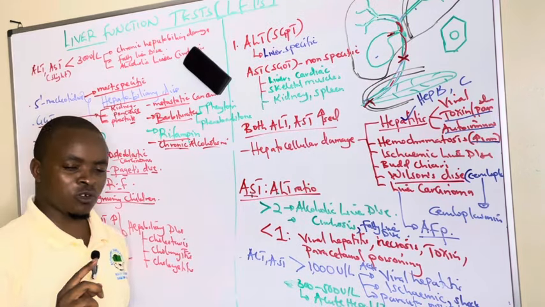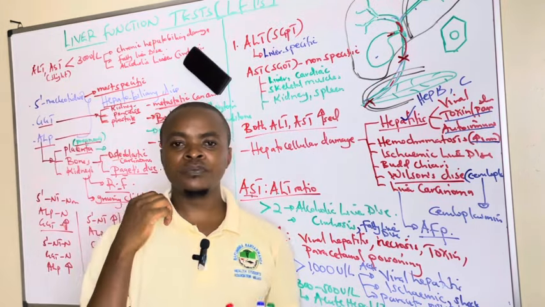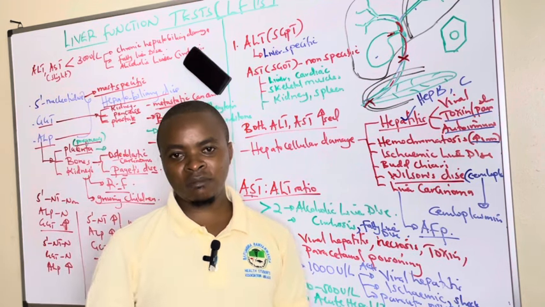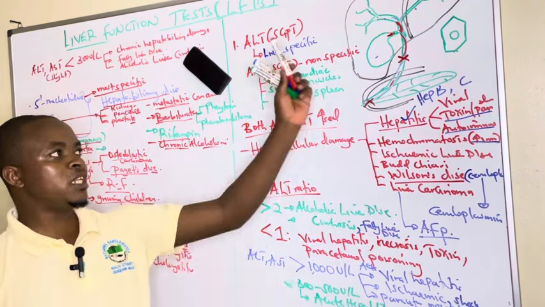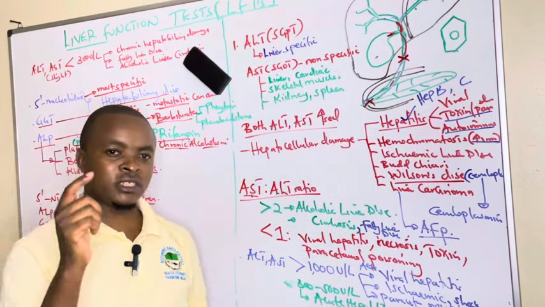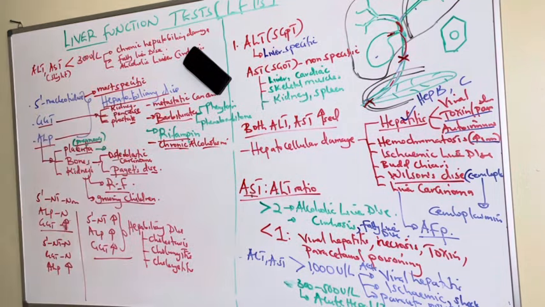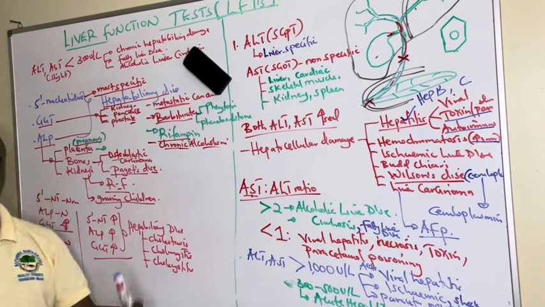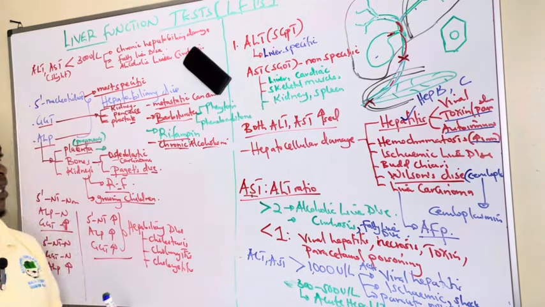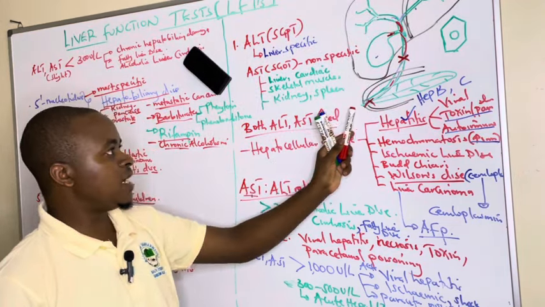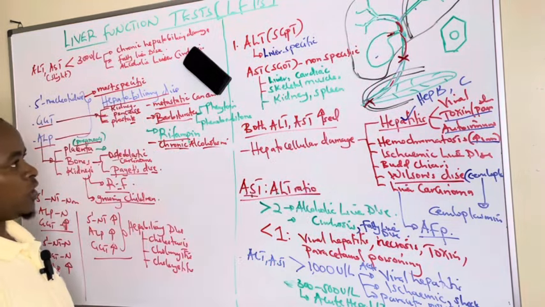But a point to note, don't forget that 5' nucleotidase is the most specific for biliary damage. The way we saw in hepatocellular damage, ALT is more specific. Here we are saying 5' nucleotidase is the most specific enzyme that detects the integrity of the biliary system or the excretory function.